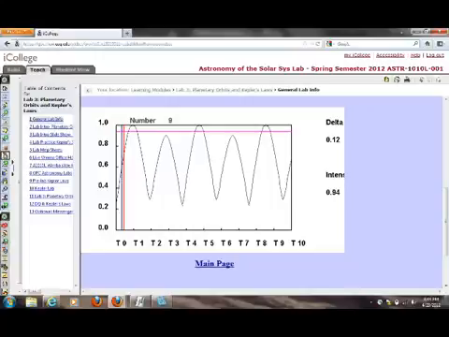And this time, the purple line is measuring the intensity, so we're going to look over to the right where it says intensity. For number 6, our average maximum brightness, the maximum intensity, is about 0.94.